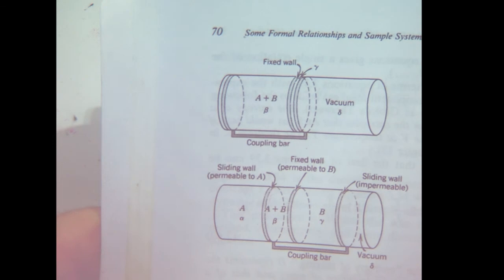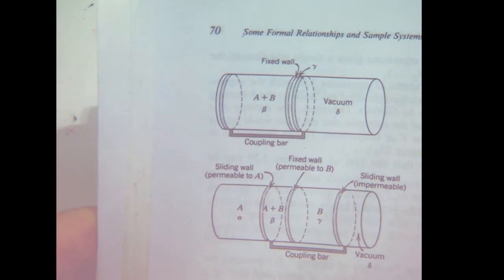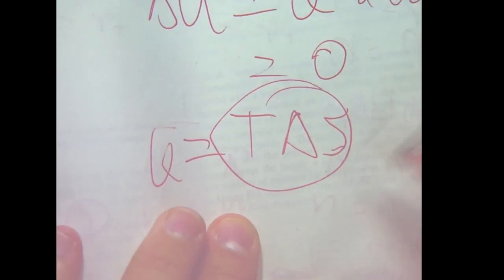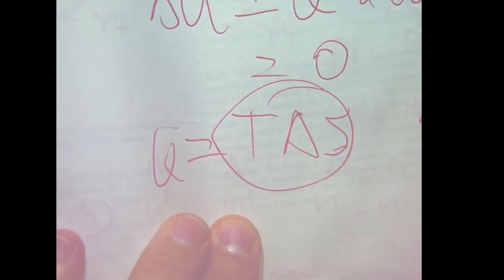But then the additivity has to be done in a certain way, as in quasi-static, because if you don't have a quasi-static process, then you can't say that Q equals T delta S. This is only true for a quasi-static process. Right. So that's that.